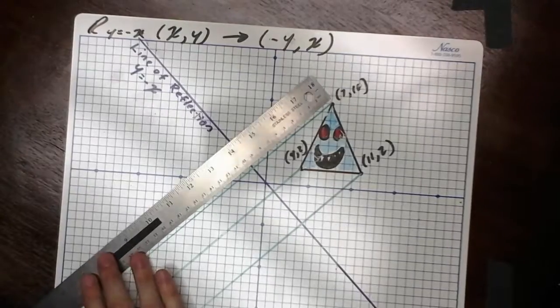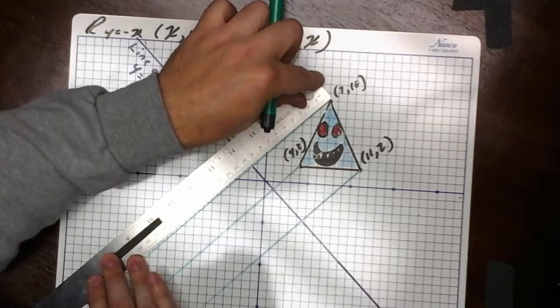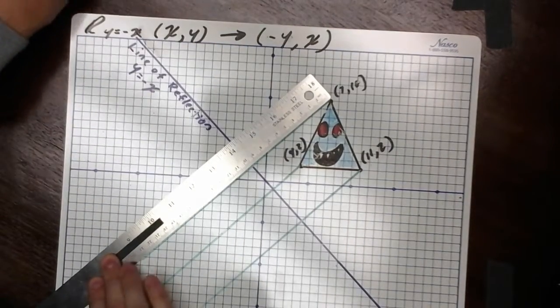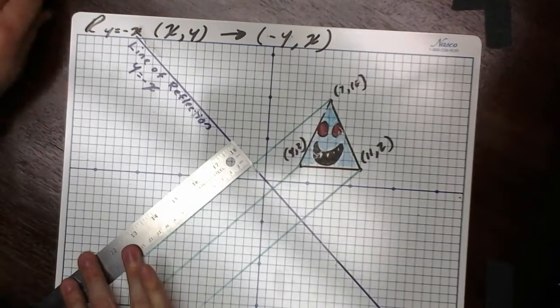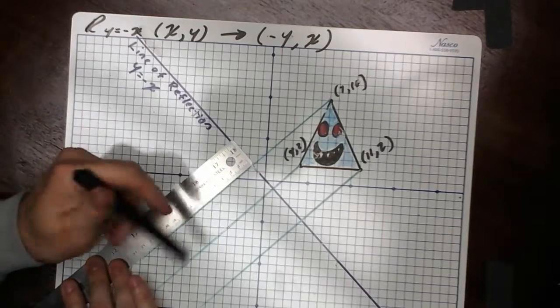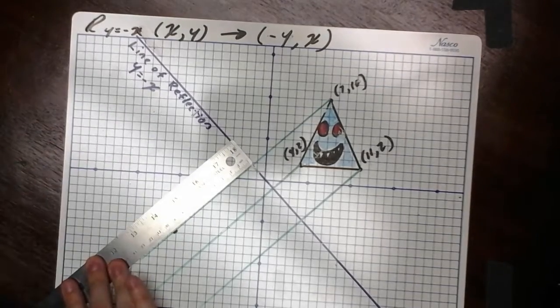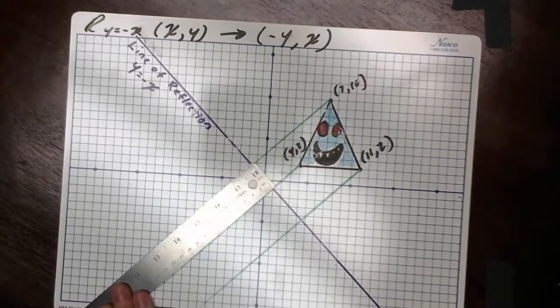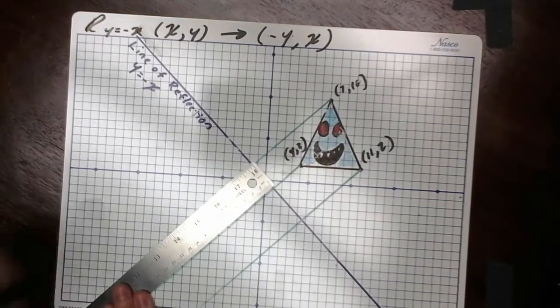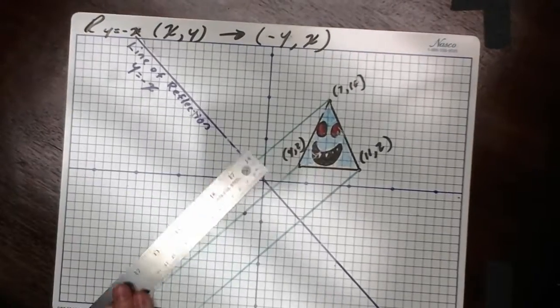Okay, so now this one here is about 9.5 away. So, 9.5. This here is about 3.5 away. So, 3.5.